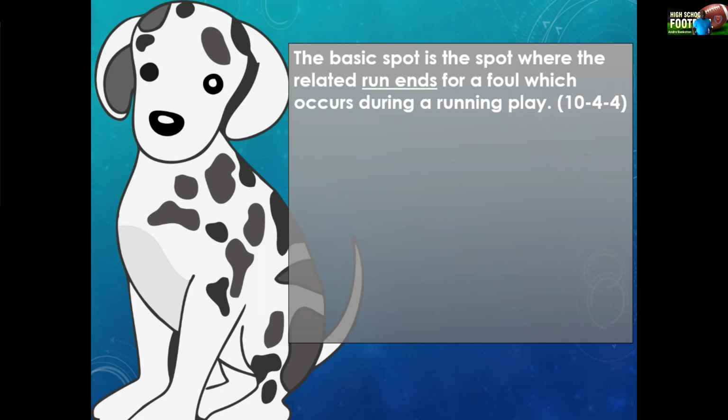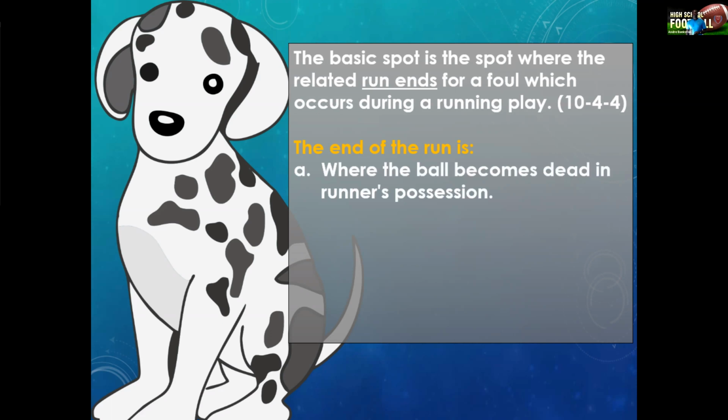Okay. So the basic spot is where the related run ends for a foul which occurs during a running play. The end of the run is where the ball becomes dead in the runner's possession, right? He's running the ball, he gets tackled. The basic spot is where he got tackled.